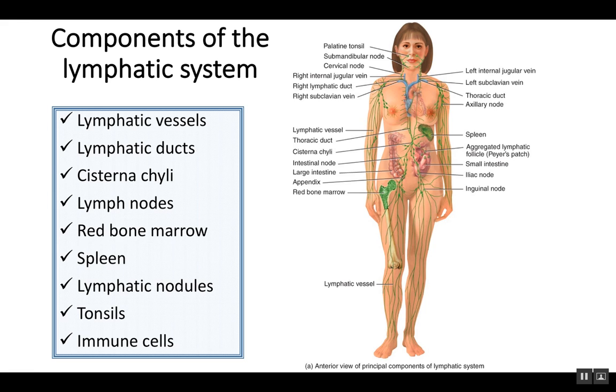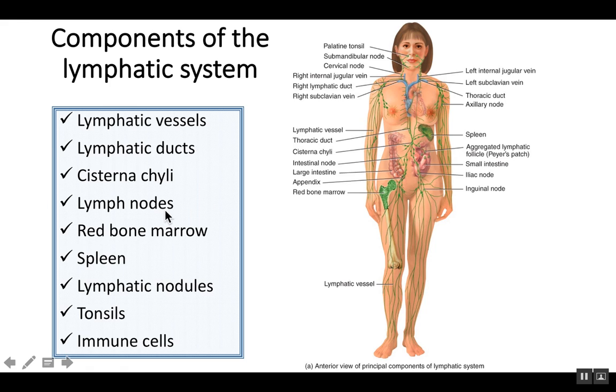There's a small reservoir in your abdomen that collects a lot of the lymph from below this structure, known as the cisterna chyli. You'll notice a lot of lymphatic vessels from your legs and your abdomen combine into a little reservoir, and from that reservoir, it travels up the thoracic duct.